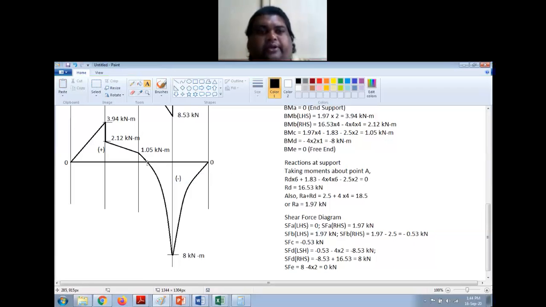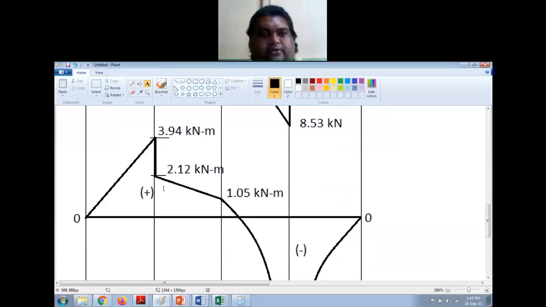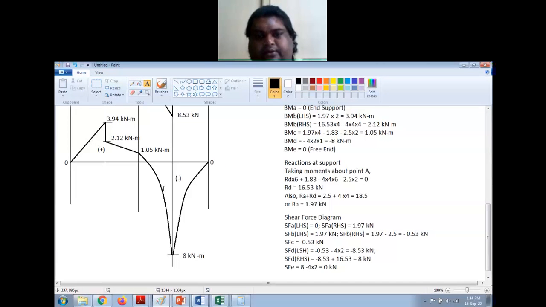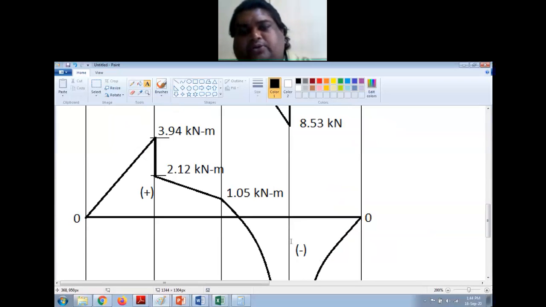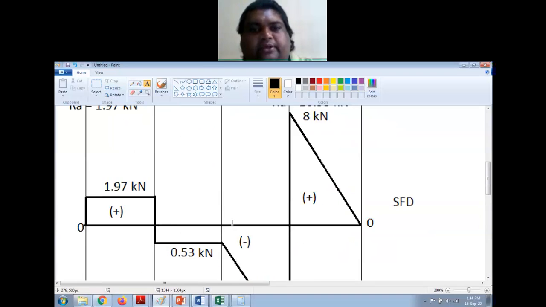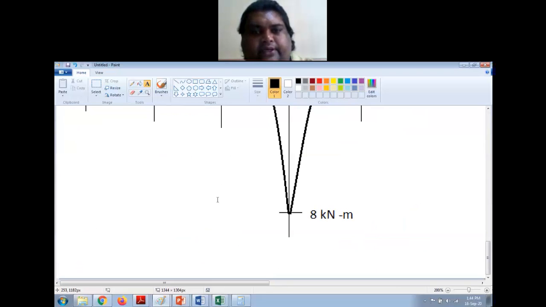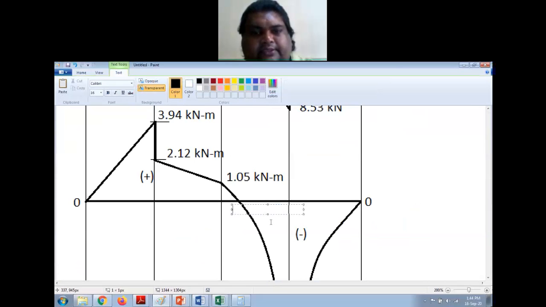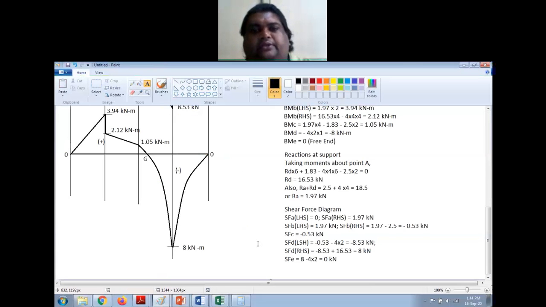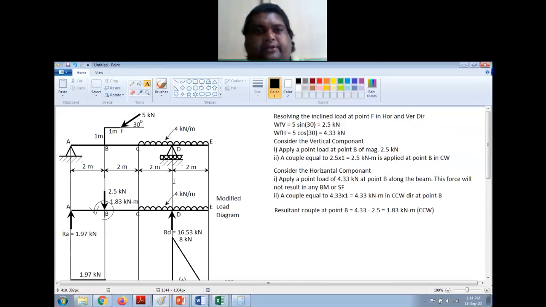Now this point is where we have the bending moment changing from positive to negative, and here the bending moment will be 0. So I have A, B, C, D, E, F. I will call this point as G, right? So G is the point which is in between C and D. So you have to find the bending moment here.